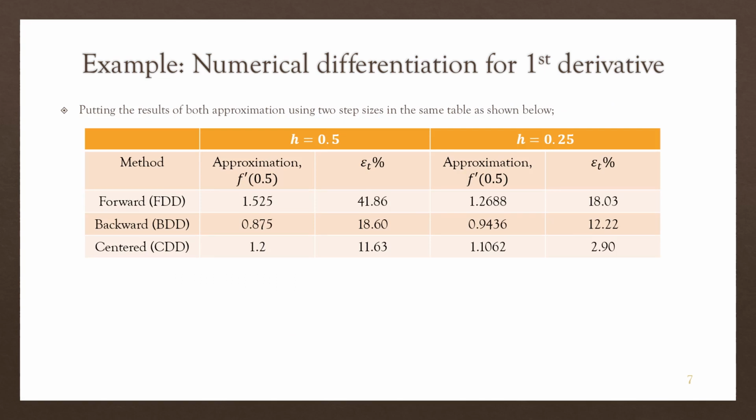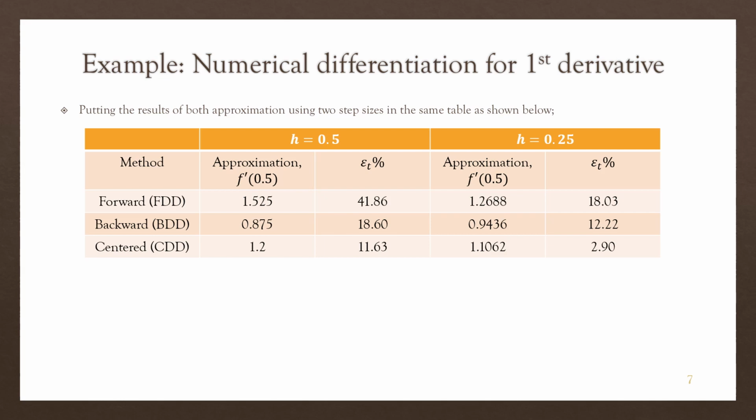Now we put it side by side, the approximation of each method from h equal to 0.5 and the approximation of all methods using a smaller step size, or half of the original step size. We can see for FDD, the first row, it improved quite a lot from 42% to 18%. For BDD it also improved when you reduce the step size, but not as much as the FDD.